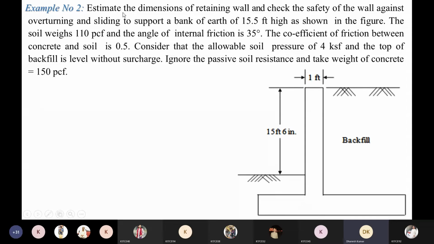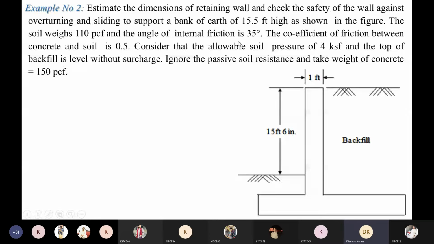It says estimate the dimensions of the retaining wall and check the safety of the wall against overturning and sliding to support a bank of earth which has a height of 15.5 foot as shown in the figure. The soil weighs 110 psf and the angle of internal friction is 35 degrees.